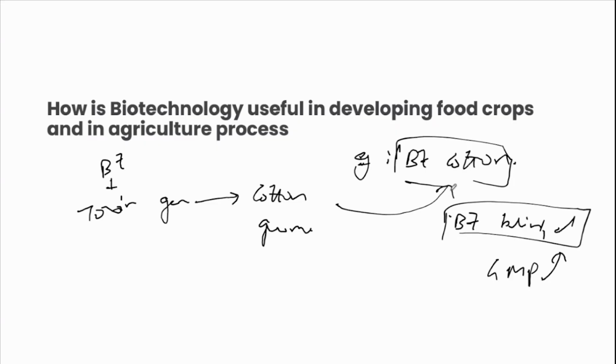And since cotton is not a consumption product, people are accepting that. So even though biotechnology has immense potential to help us in our food as well as agriculture sector, the mindset of our generation, or the farmer generation, is not apt to accept that.